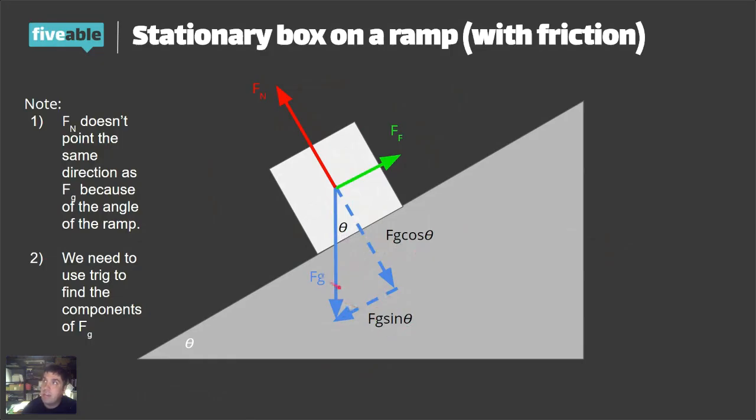So it's the hypotenuse times the sine of theta for the opposite, and the hypotenuse times the cosine of the angle for the adjacent side. If we put all that together, the normal force perpendicular away must be equal to the perpendicular part of gravity, Fg cos theta, and the force of friction going up the ramp must be equal to the parallel part going down the ramp, Fg sine theta.